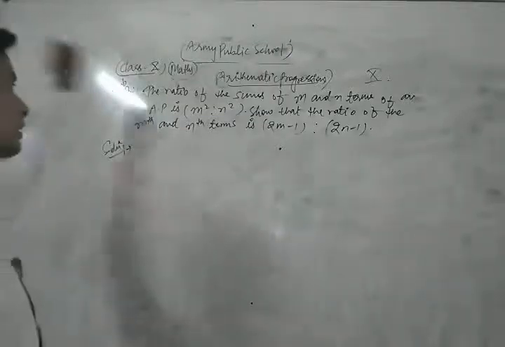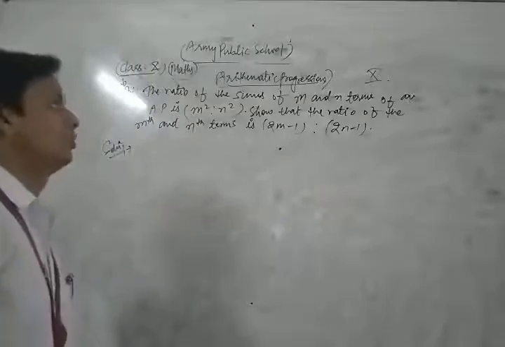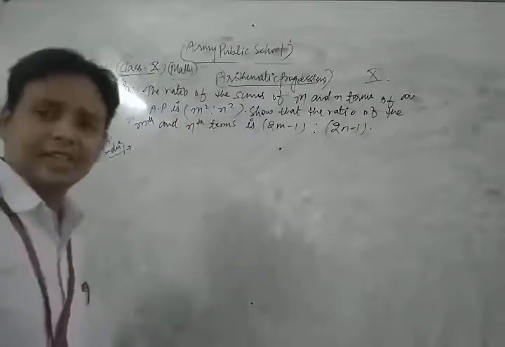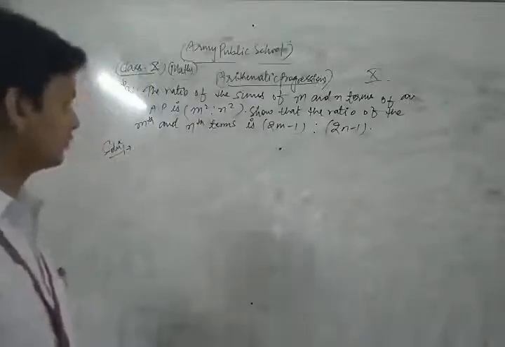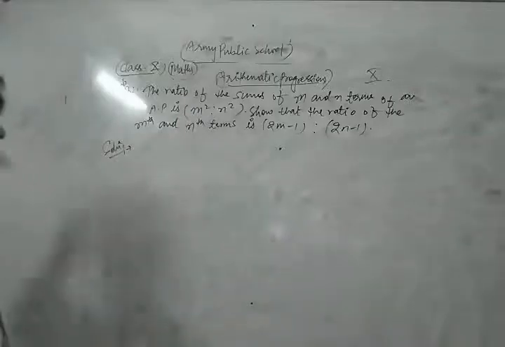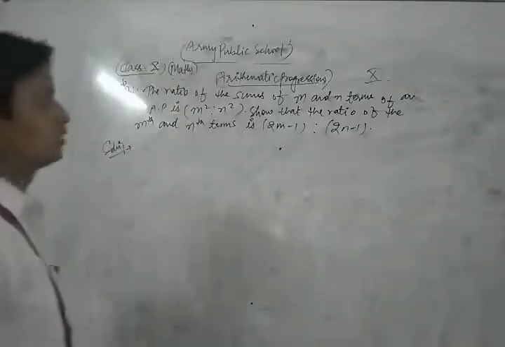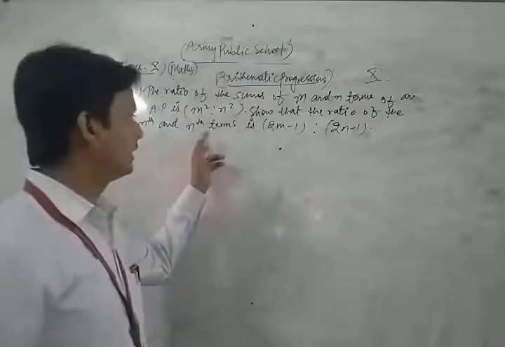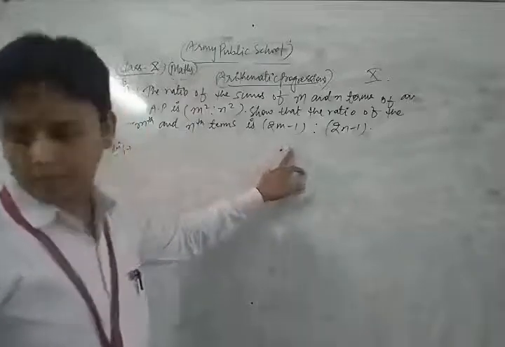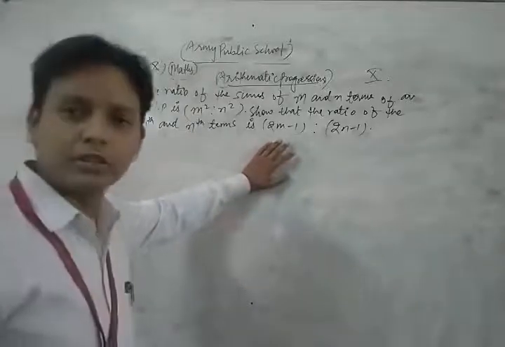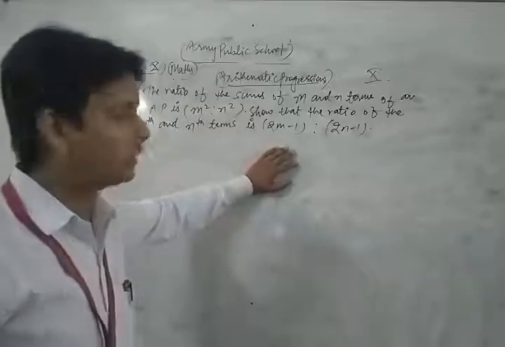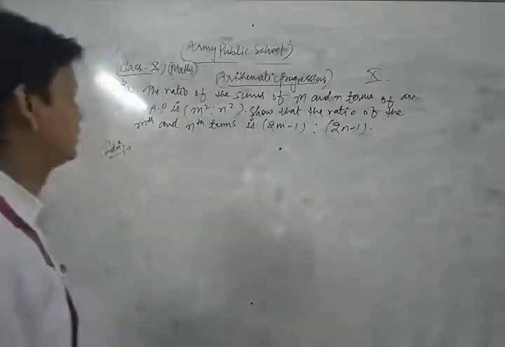Dear student, here the ratio of sums of m and n terms of an AP is m square ratio n square. Show that the ratio of the mth and nth terms is 2m minus 1 upon 2n minus 1. This is one of the most important questions of your syllabus based on AP. Let's see its solution.